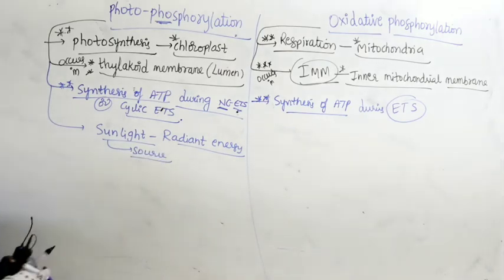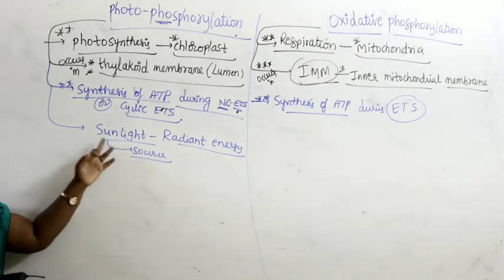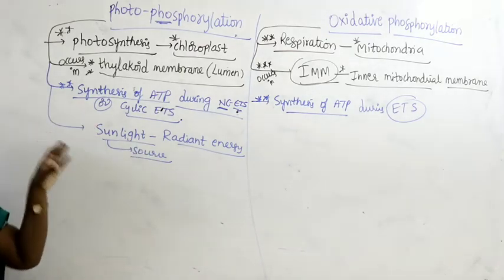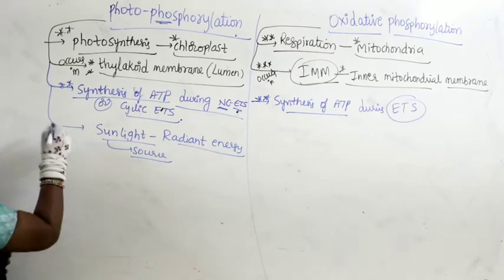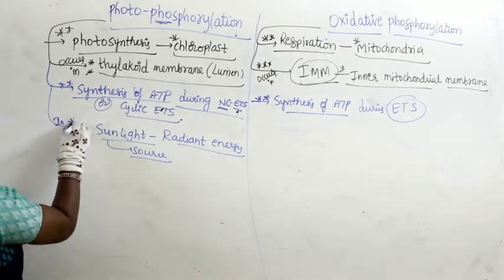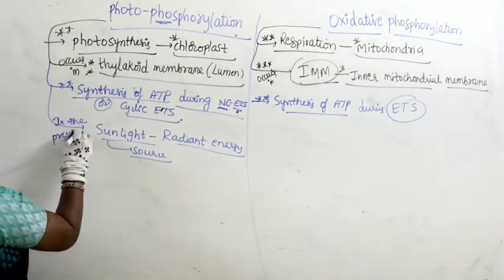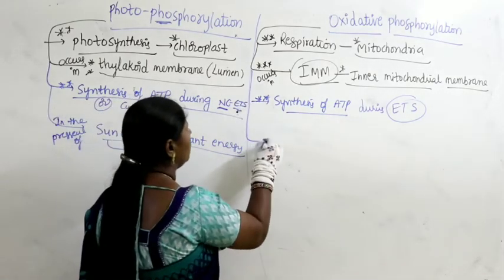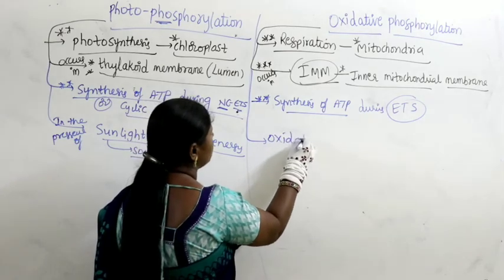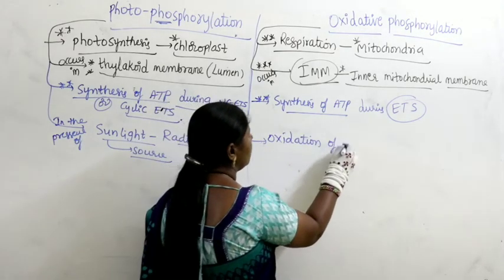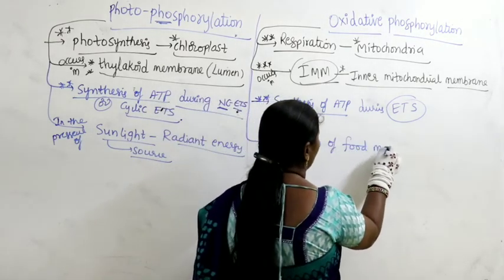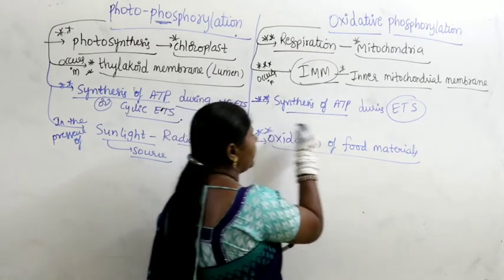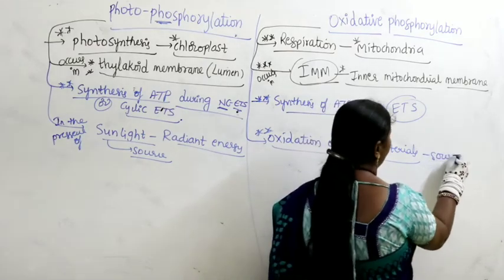That means the entire process occurs in the presence of sunlight. Sunlight is the source of energy. And what is the source for oxidative phosphorylation? Here the source is nothing but the oxidation of food materials. The oxidation of food material acts as the source of energy.